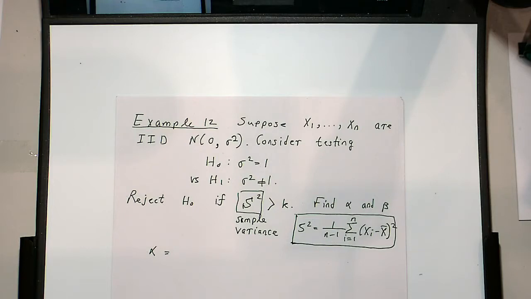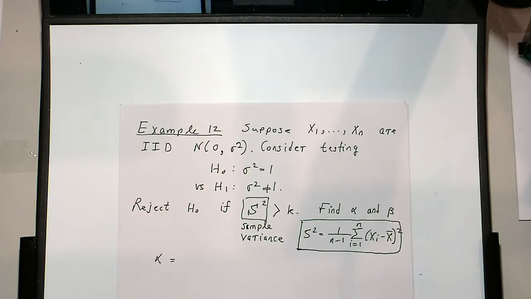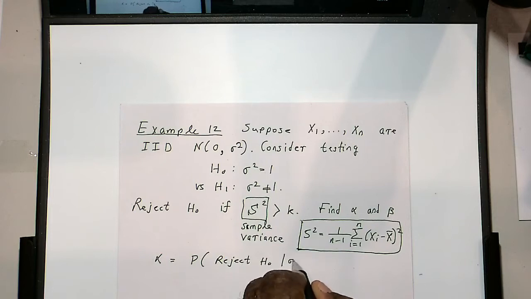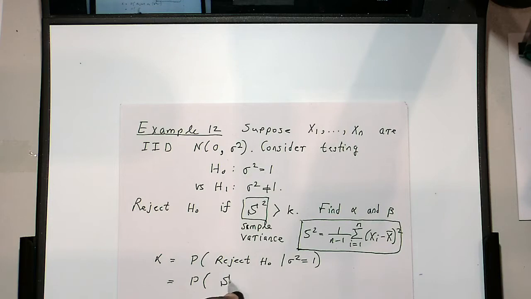Okay. All right. So the probability alpha is the probability of rejecting H0 when sigma squared equals 1. So that's the probability of S squared being greater than K when sigma squared is equal to 1.